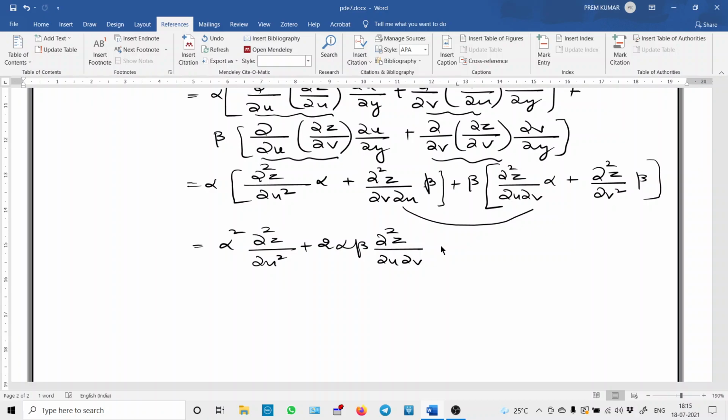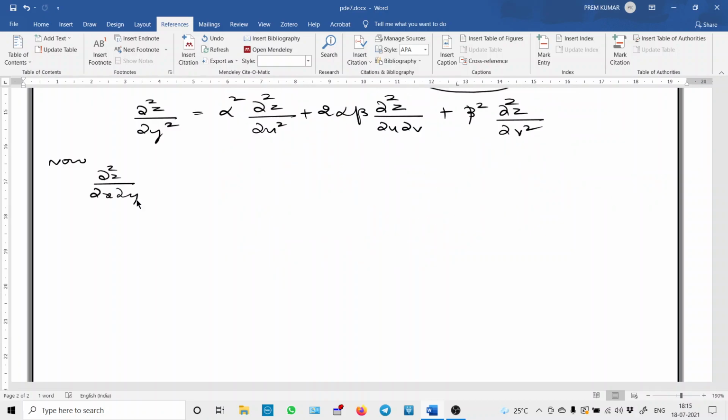Now see, we are going to transform the given PDE. We got ∂²z/∂x² and ∂²z/∂y², the expressions in terms of u and v. Now we are going to consider ∂²z/∂x∂y.